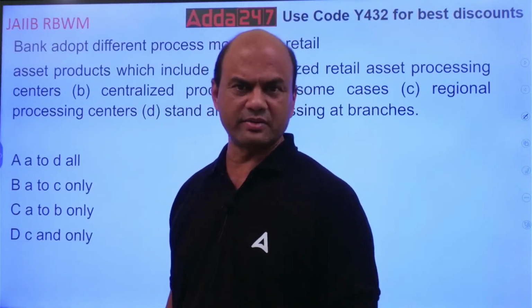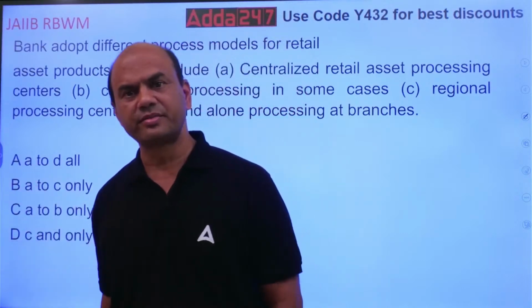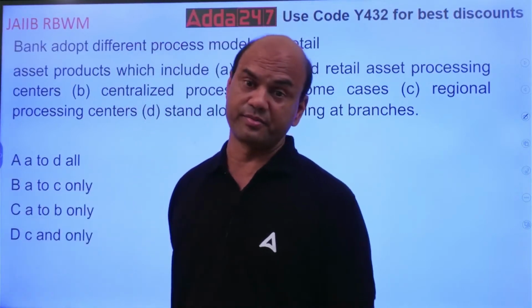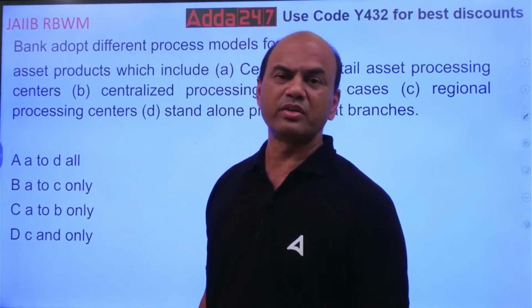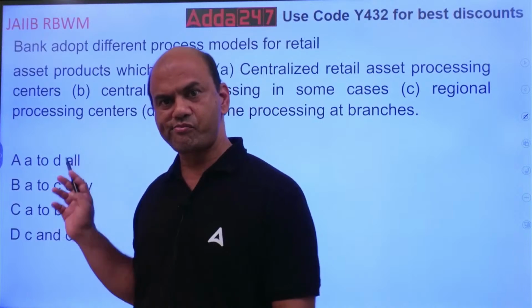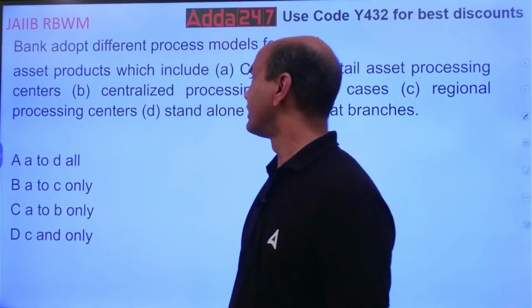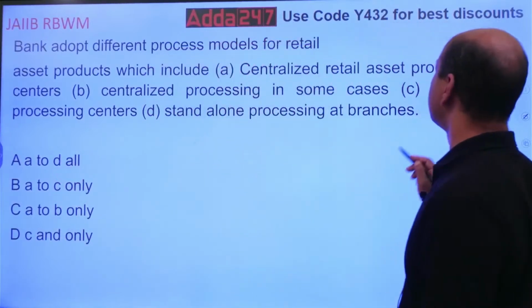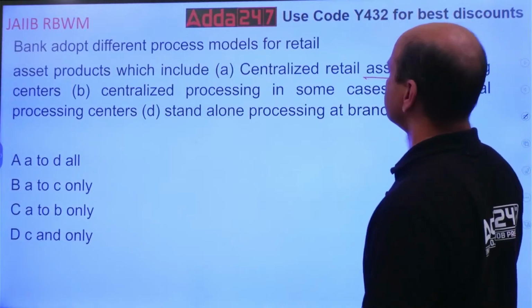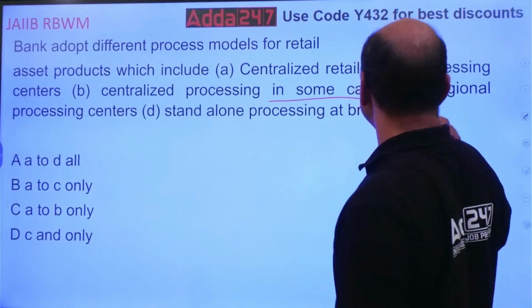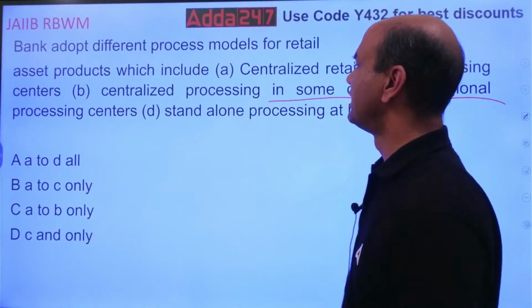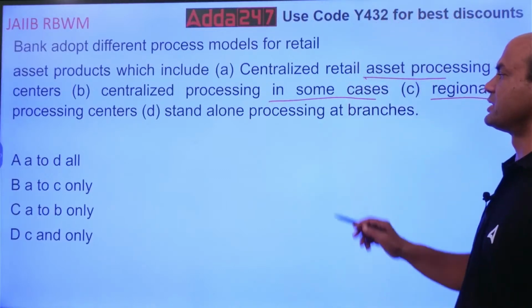One is at the branch level or at the CPU level. Now the CPU can be different, central processing unit, depending on the size of the bank. So these are the options.